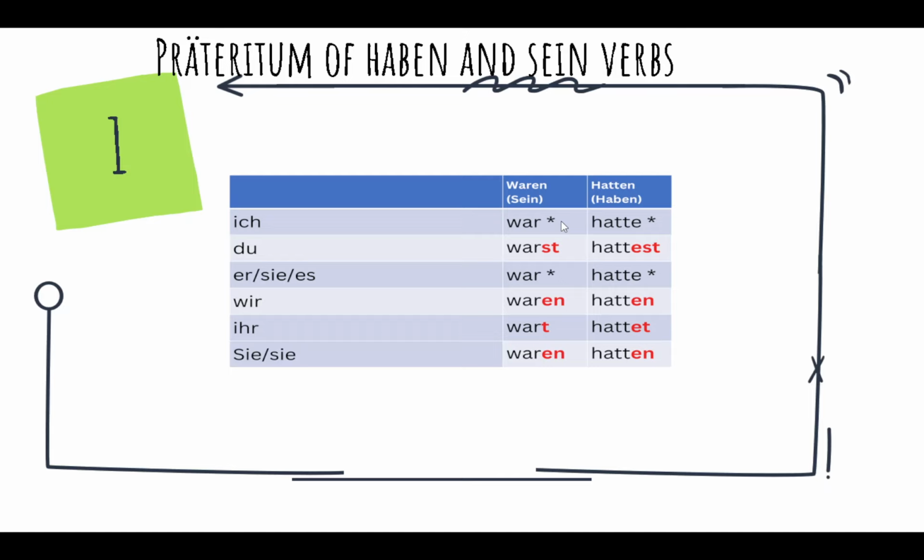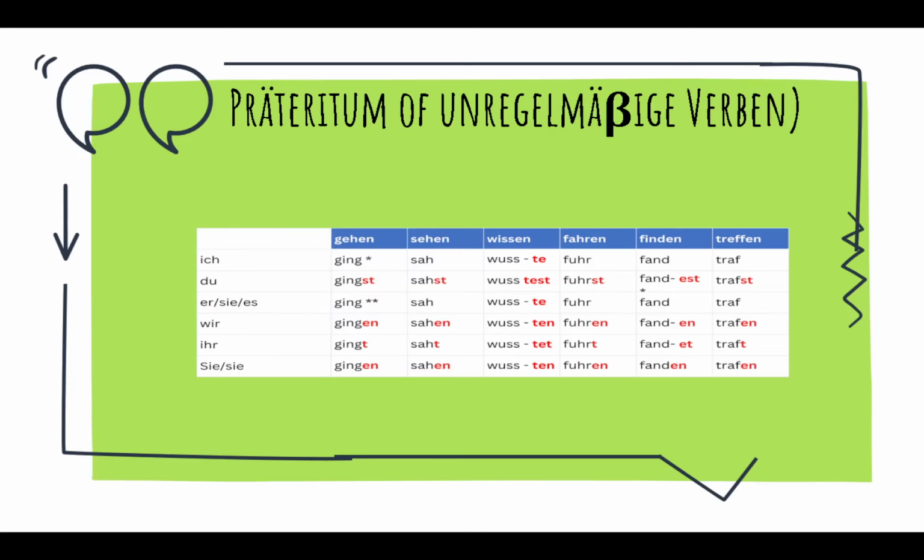So here also the first person and third person conjugation is the same. Similarly, we can do the past form of the haben verb, which is hatten. Ich hatte, du hattest, sie es hatte, wir hatten, ihr hattet, sie hatten. I hope this is clear. Let's move on to the next page.